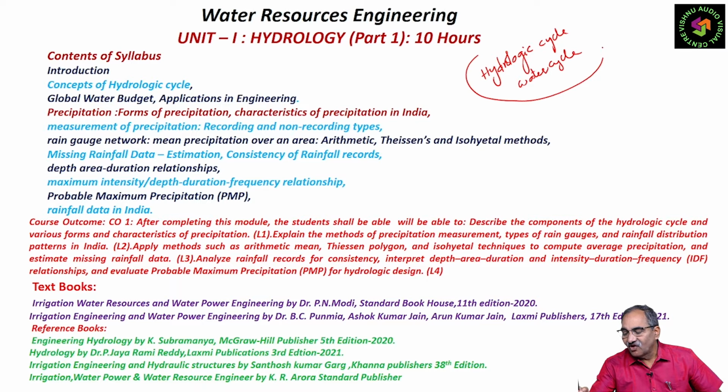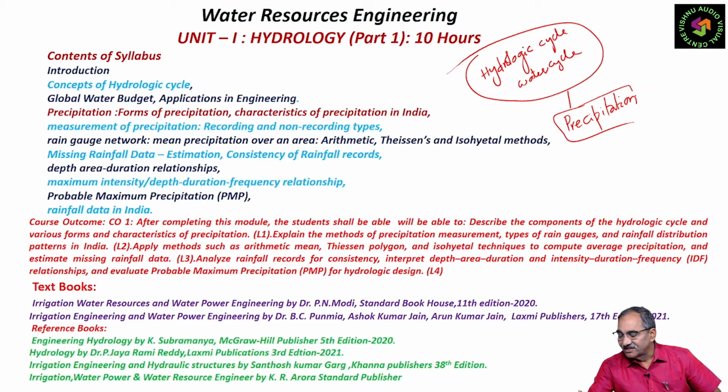And in this water cycle, the most important component is precipitation, which we can call rainfall. So, this precipitation, completely about it we will study.